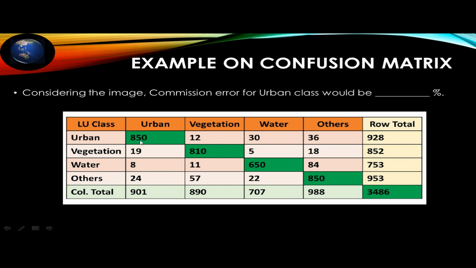Similarly, for vegetation there are 19 urban and 810 vegetation. For water body it is 650, and for others 850. The total of these rows and columns is 3486.